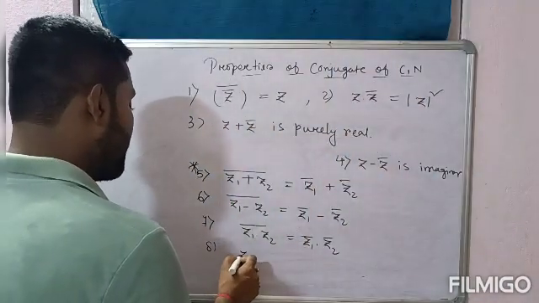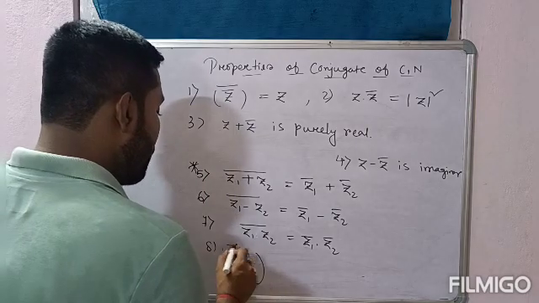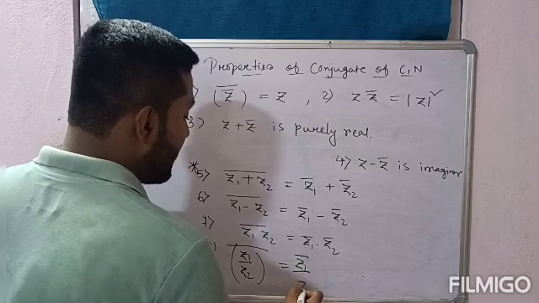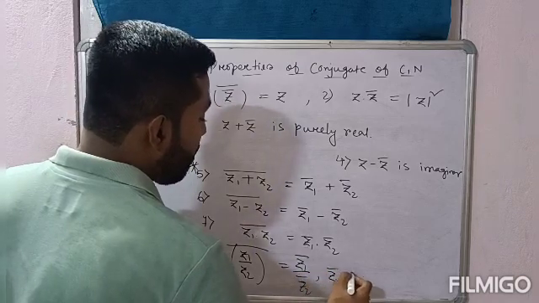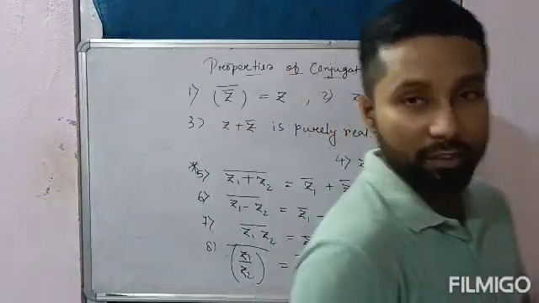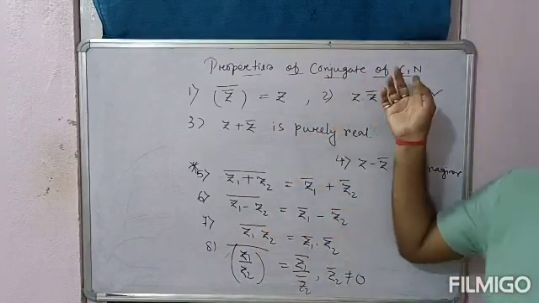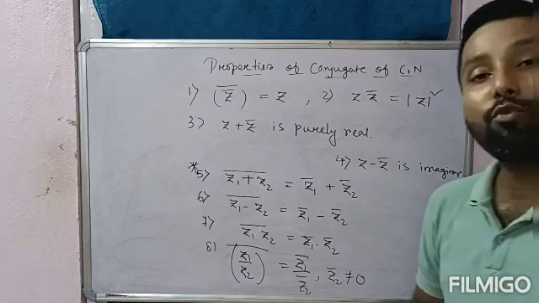Number 8, Z1 by Z2 whole bar, which is equal to Z1 bar by Z2 bar provided Z2 bar is not equal to 0, क्योंकि डिनोमिनेटर 0 हो जाएगा तो वो अनडिफाइंड होता है, राइट? So these are the properties of conjugate of a complex number which we can use when we solve numericals.